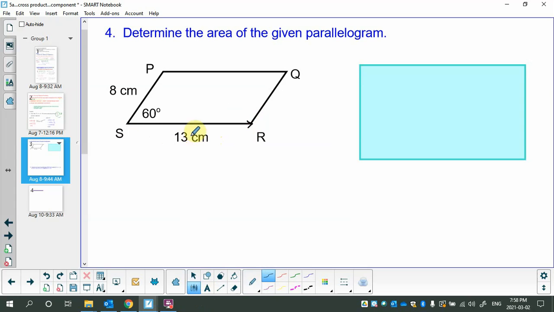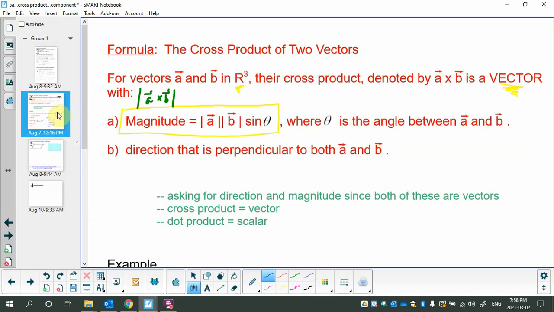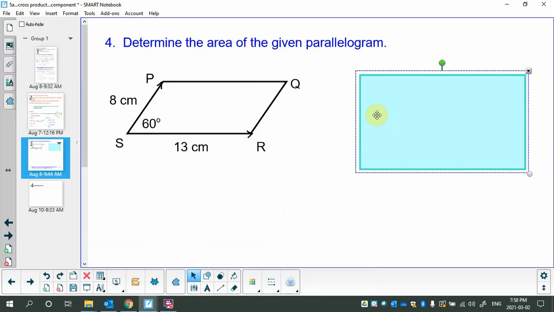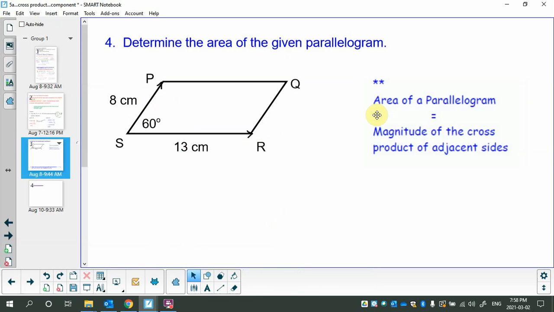Now really what I did is I told you that this vector here, whatever you want to call it, has this magnitude, and this vector here has a magnitude of 8 centimeters, and the angle between them is that. So I can use the formula that I just showed you, with whatever symbols you choose, but definitely sine theta. So this is what you need to know.